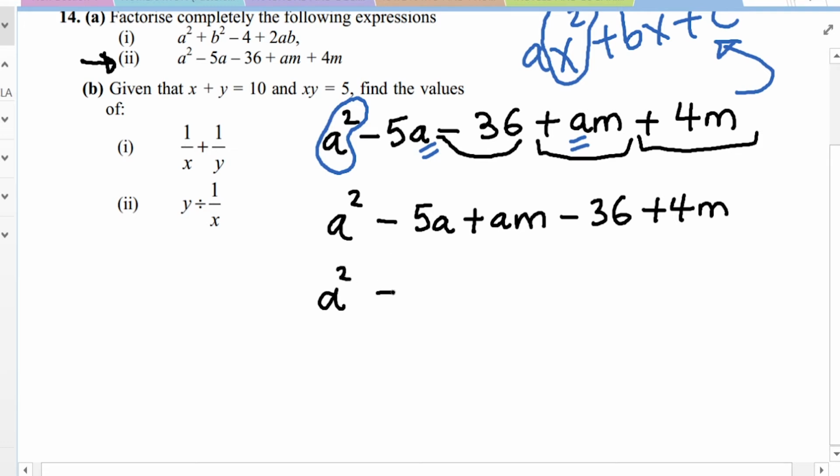Since we have a and a right there, let me put a outside the brackets here, into minus 5, plus, let me put a plus here, so that in the brackets we have minus 5 plus m, something like that. Then we have here minus 36 plus 4m.